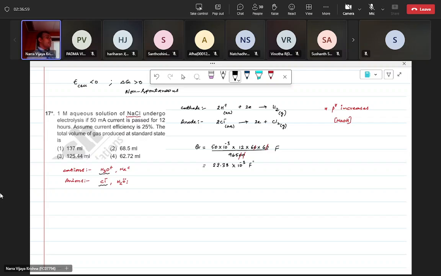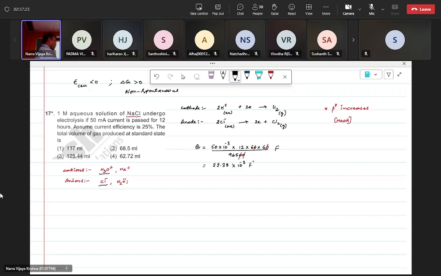Means these many moles of electrons. For 2 electrons used, I got 2 moles of gas. For 1 electron, I will get 1 mole. For these many moles of electrons, the same moles of gas liberated.